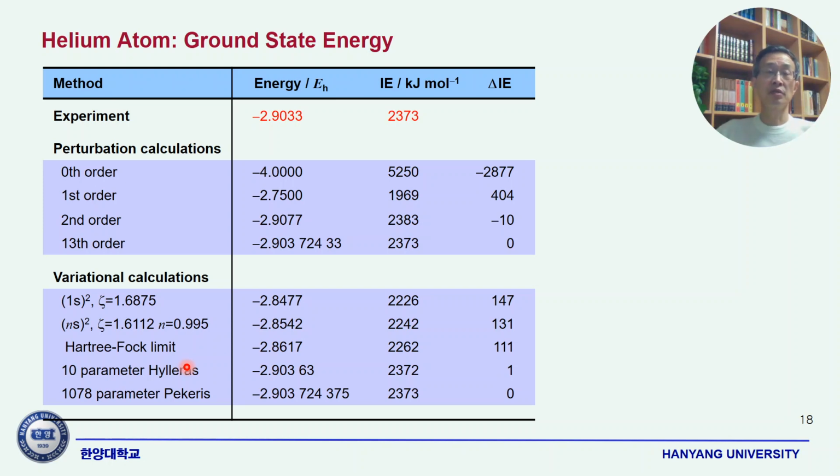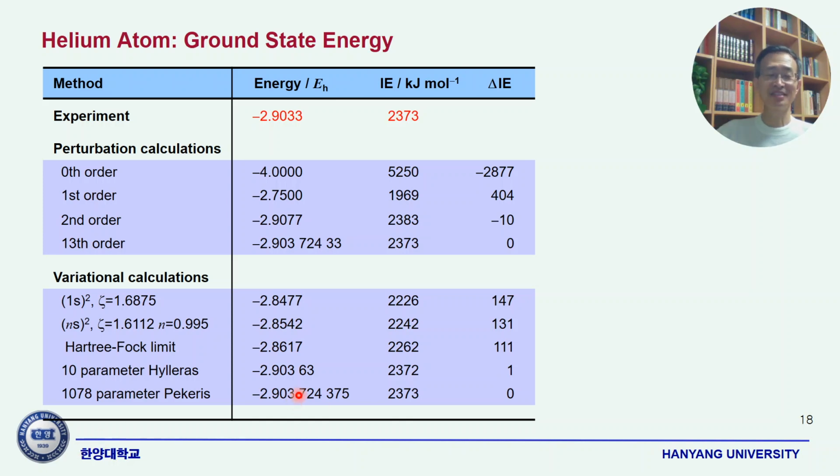The 10 parameter Hylleraas approach in the variational method reduced this impressively, to just 1 kilojoule per mole difference from the experimental value. And Pekeris did a 1078 parameter calculation.